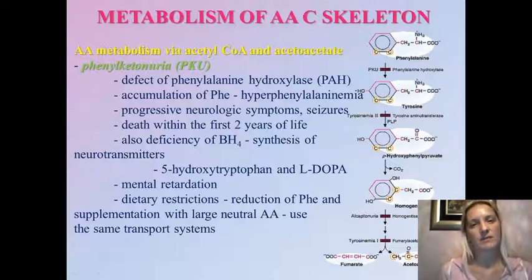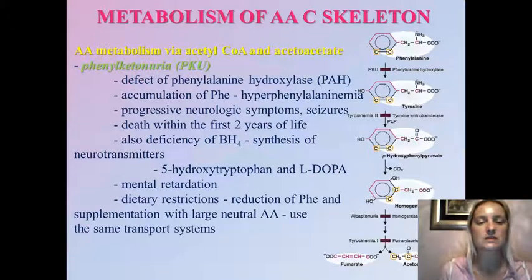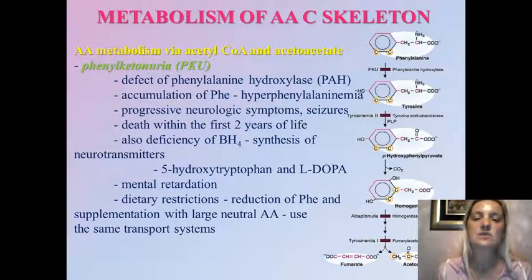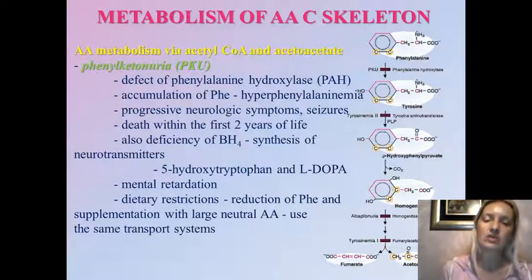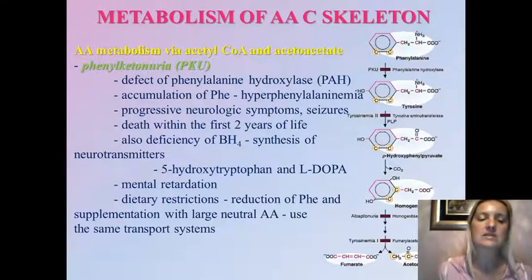of life. This is also followed very often by the deficiency of BH4, which is necessary for the hydroxylation process, and this coenzyme is also involved in the biosynthesis of neurotransmitters 5-hydroxytryptophan and L-DOPA. So this phenylketonuria also results in mental retardation, and it can be treated by dietary restriction.